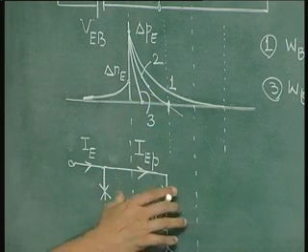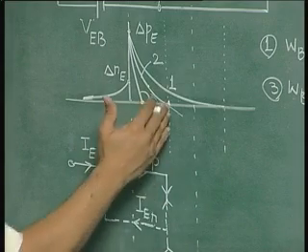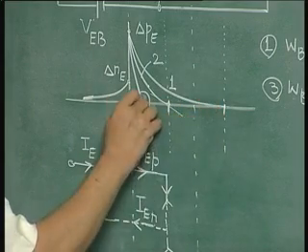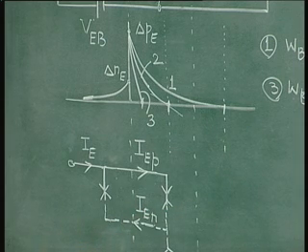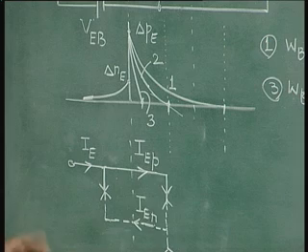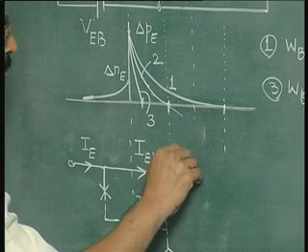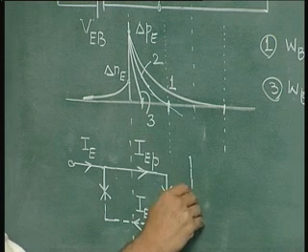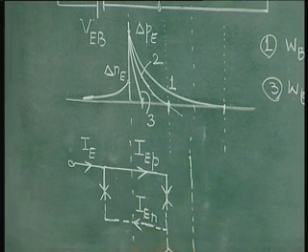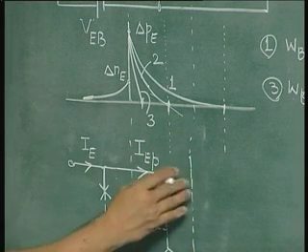Now here, while drawing the flow diagram, we will not show the locations of the junction separately for these 3 cases, because that will clutter the diagram. So what we will do is assume that the collector junction is located somewhere here, and we are not concerned about the location.